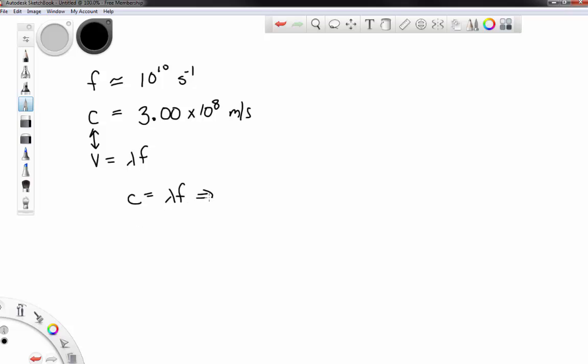And so the result is that the wavelength should be that speed divided by that frequency. And so that is 3.00 times 10 to the 8th meters per second divided by 10 to the 10 seconds inverse.